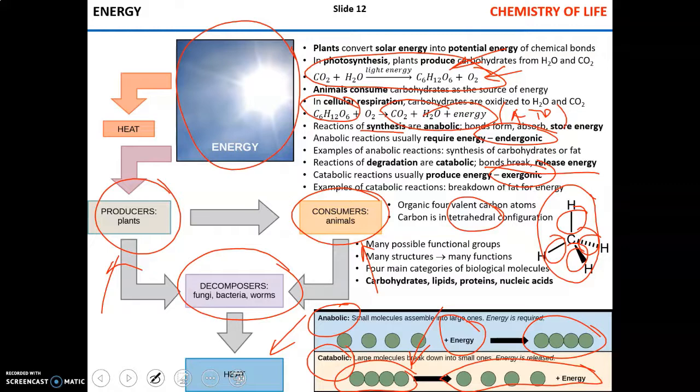The advantage of this is that it allows the formation of molecules with multiple functional groups, such as hydroxyl, and chains. The almost infinite variety of structures of organic compounds explains how they can perform an almost infinite variety of functions. And we are further going to talk about four main categories of biological molecules: carbohydrates, lipids, proteins, and nucleic acids.